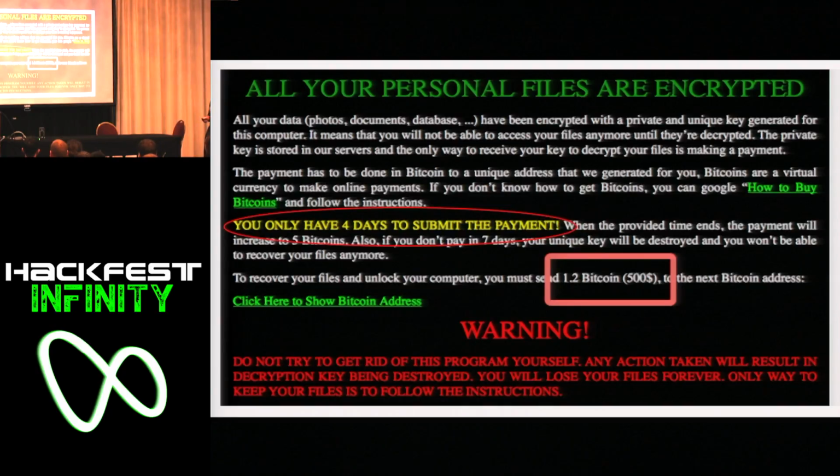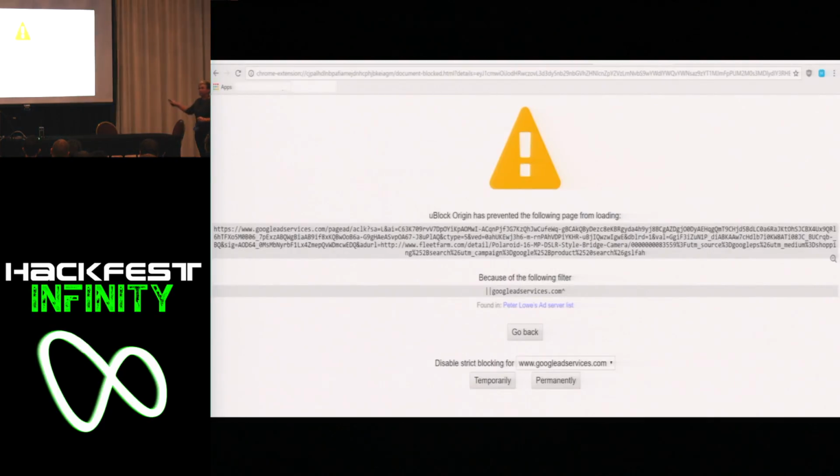So hopefully by the end of this talk, instead of being greeted by this, you will be greeted by something like this. Basically, I'm going to give you tips and tricks that you can employ, whether it's at your organization or on a personal level, that will help protect you from having ransomware and other types of malware being dropped on your system.